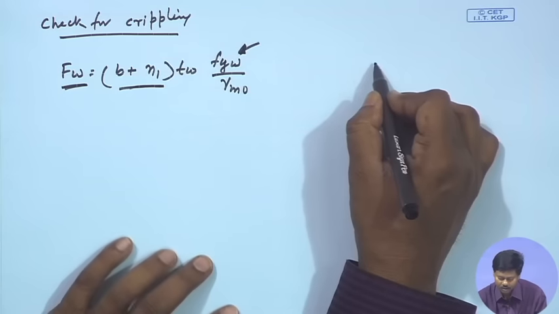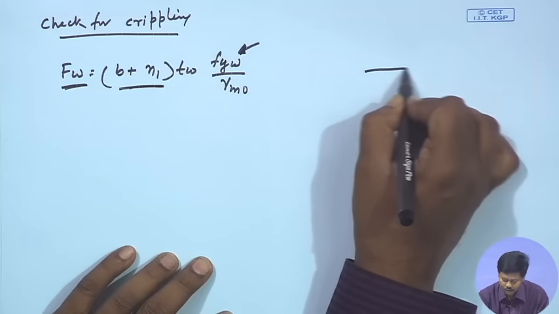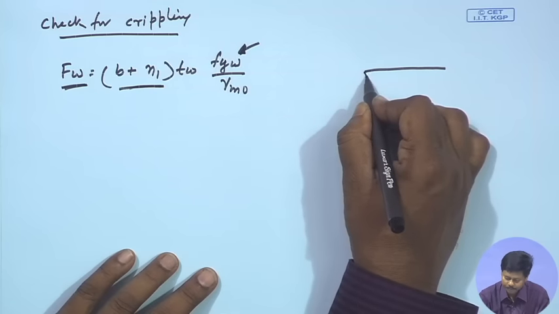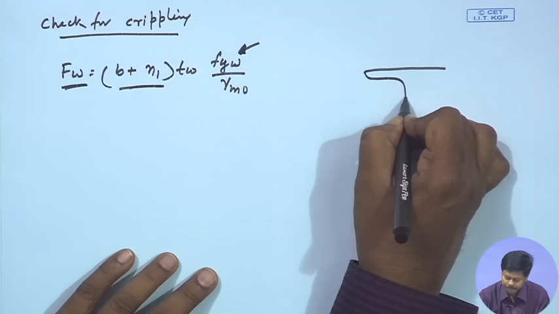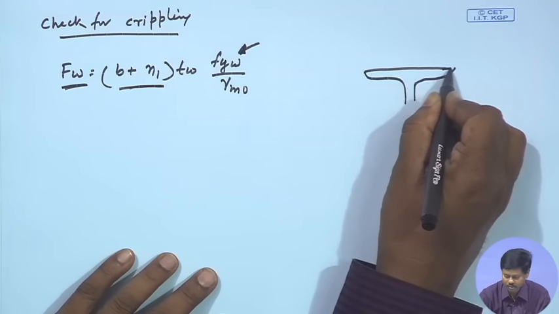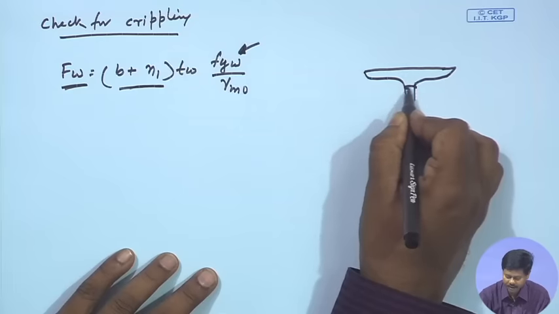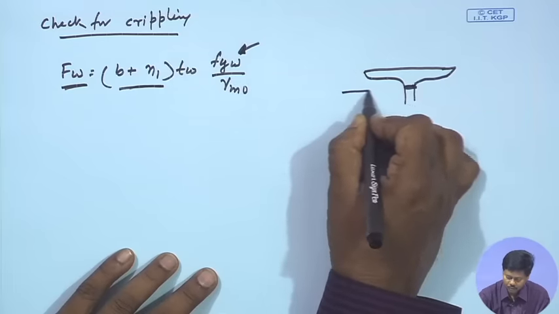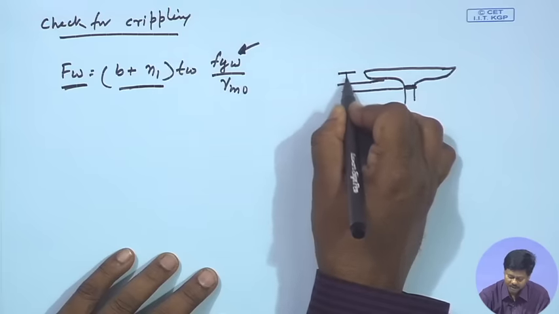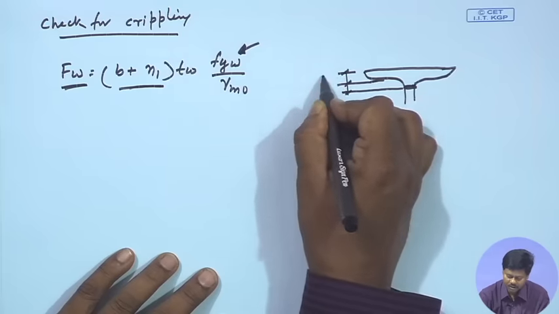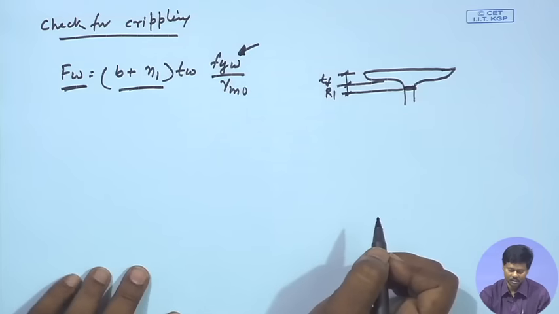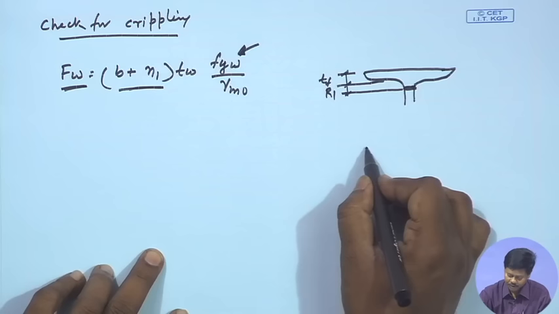N1 will be, as we know, it will disperse with 2.5 slope. For example, say crippling will happen here. So, we have to find out the dispersion, and this is Tf and this is R1, right.